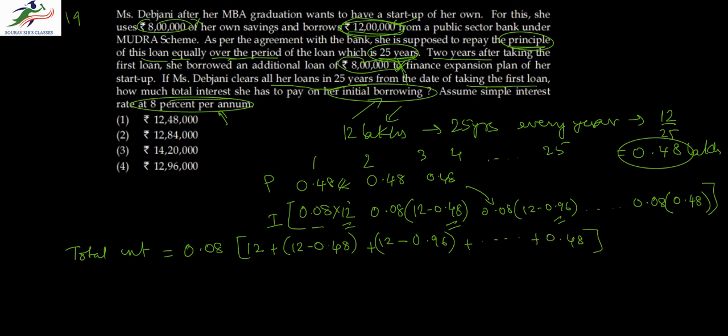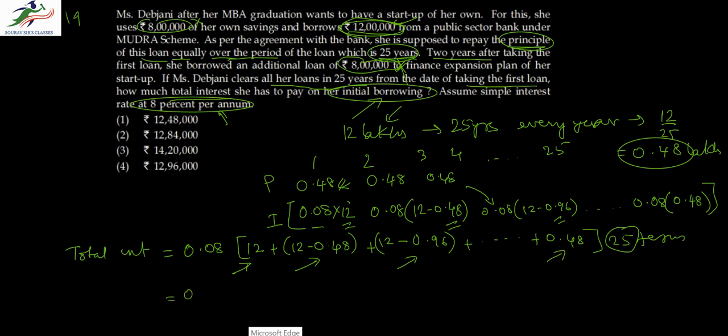And there will be 25 terms, because there are 25 years. And we observe that this is nothing but an arithmetic progression with a common difference of 0.48 in a decreasing fashion.